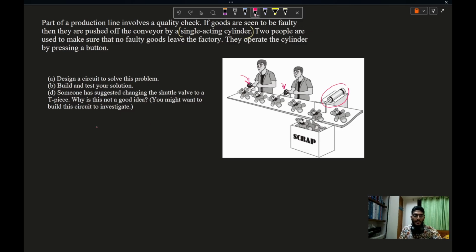So let's draw the circuit here. First, the single acting cylinder. We have a spring inside. Now to control this single acting cylinder, I need two DCV.